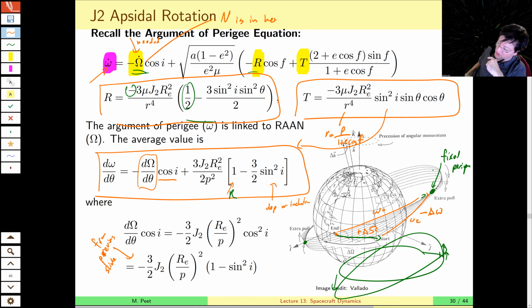And that's what's causing this. Of course, in a polar orbit, when I is 90 degrees, you don't have to worry about this. Nothing changes. But just geometrically, a positive change in right ascension causes a negative change in argument of periapse. So that's sort of what all these forces are doing.